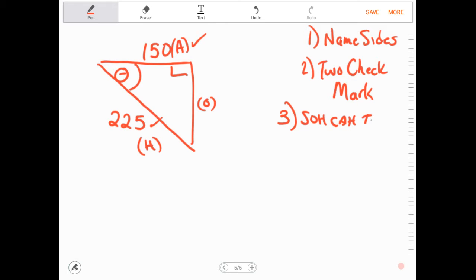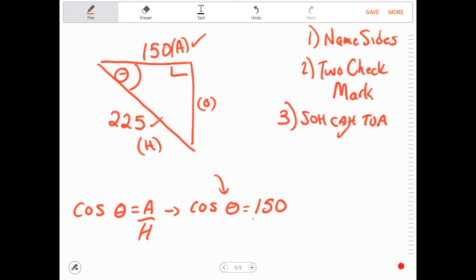SOHCAHTOA. And let's figure out which one uses the 2 sides we checked off, which is A and H. That's the CAH part, which represents cosine. So write down your formula. And now you can input into that. So that's going to be cosine, this is your missing angle, is 150, which is adjacent over your hypotenuse.